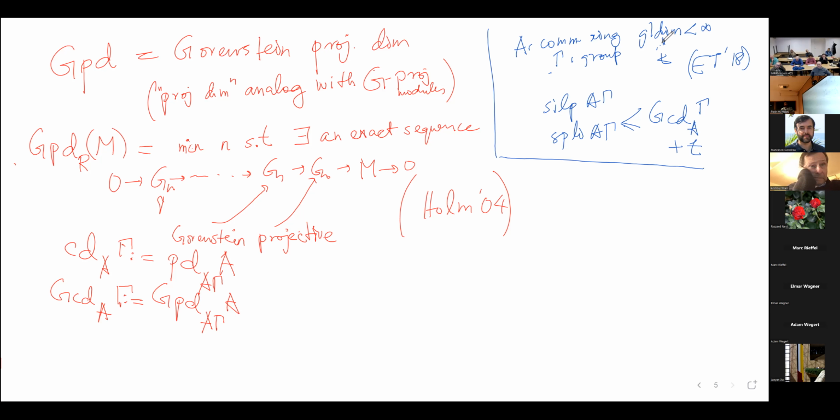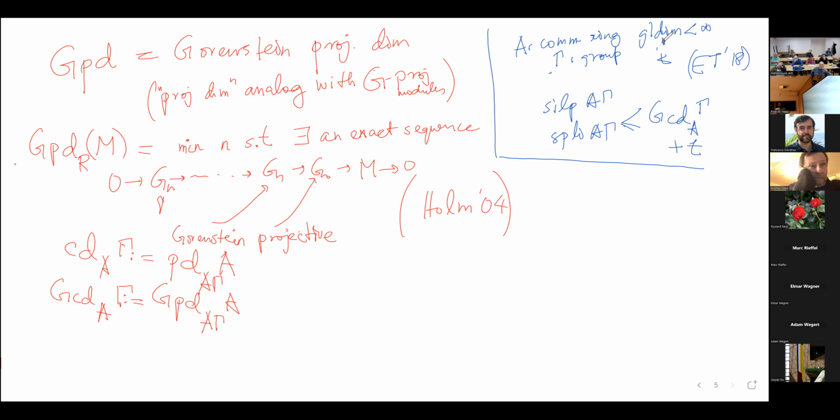So until now, I have defined three invariants: GCD, Sylv, and Splf. And I've already told you that there is a connection between complete cohomology and morphisms in the Hom sets in the stable category. What I'm going to do now is give you the good behavior definition of a stable category.